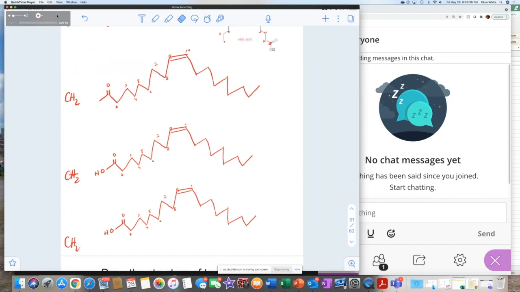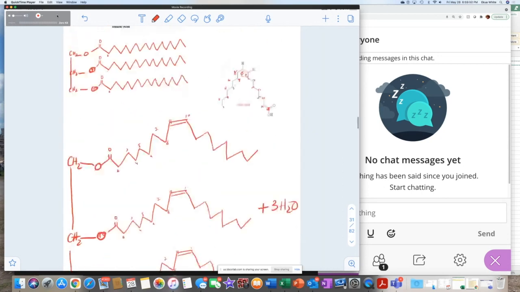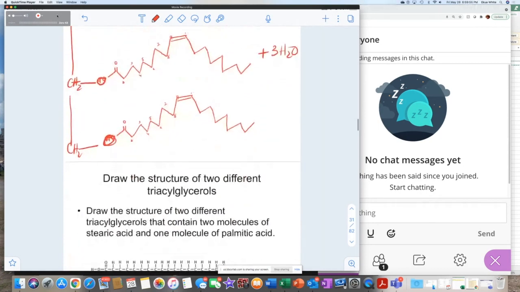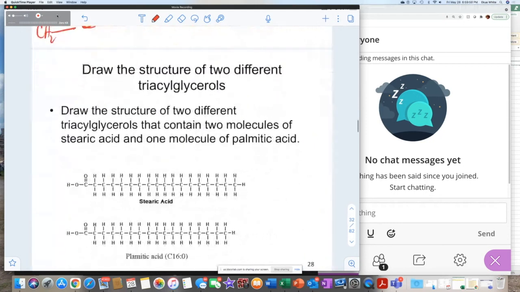So the CH2 is the one that bonds with this. Okay, so there's an oxygen here, an oxygen here attaching that to that, and an oxygen here, like that. And of course, this also forms 3 waters, which I forgot up here, plus 3 waters. Okay? Whoa, I made it. That was quite a feat. Okay.